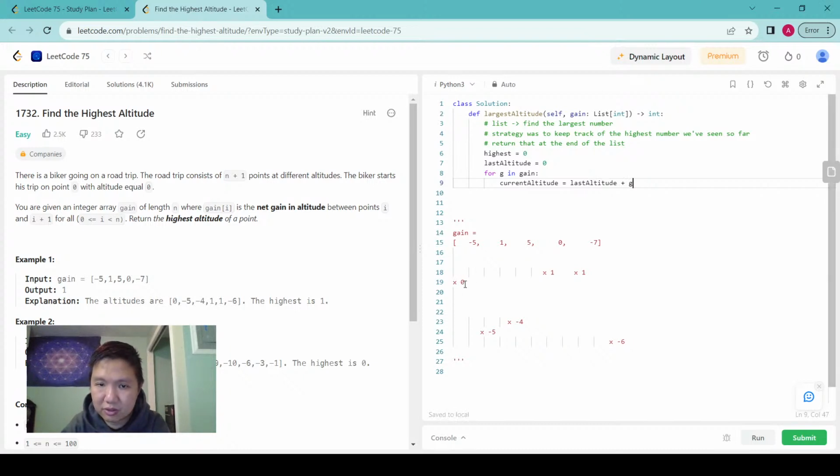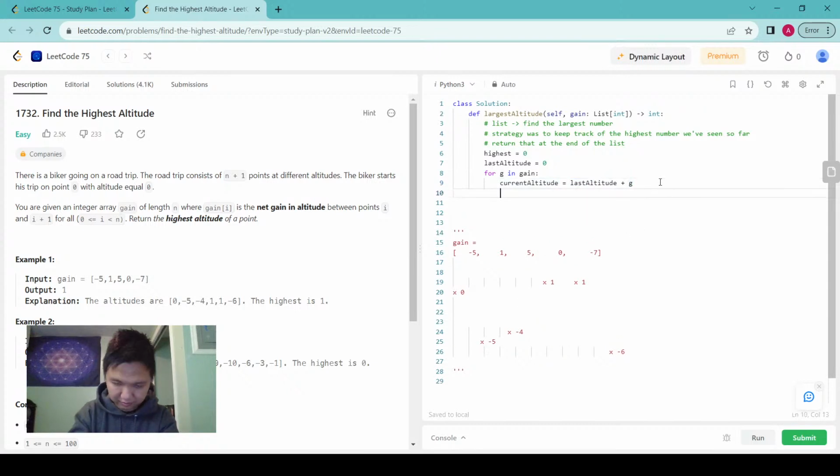If the previous altitude is 0, our current altitude here will be 0 plus negative 5. And that will give us our current altitude of minus 5. And we also say last altitude equals current altitude. This step is very important and we'll show you later.